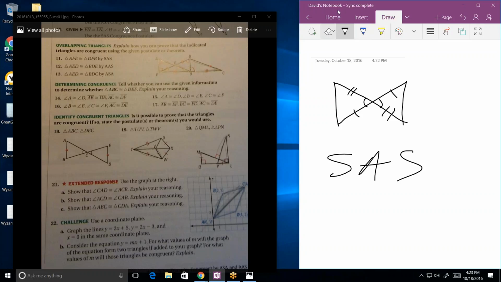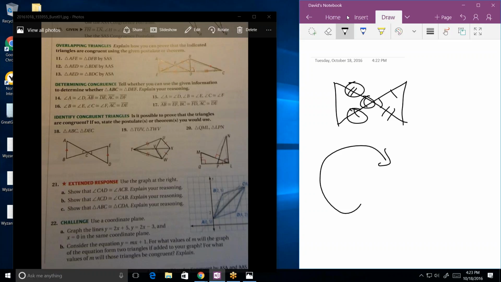Notice if I read this in the wrong direction, it would be side, side, angle. It comes out different. So you have to make sure you read these in the right direction. You want to read that counterclockwise. So it becomes side, angle, side. I get that. I just forgot about the vertical angle. Okay, cool.